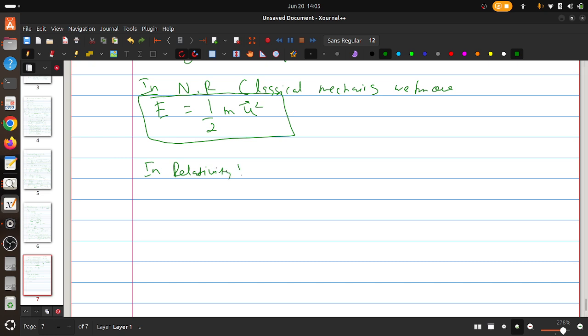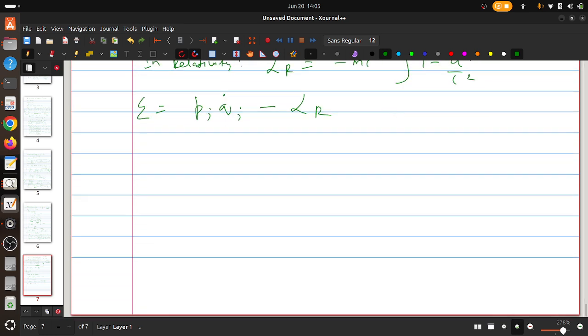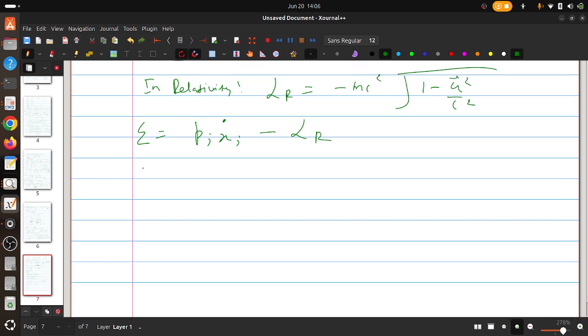So in relativity, because our Lagrangian is changed, naturally we expect our energy to be something different. So our relativistic Lagrangian was this one here, and our energy is given by basically Pj x dot j minus the relativistic Lagrangian. So we now know the Pj. Here I am very habitual of using the q dot because that is how I learned in classical mechanics, but now I'm using xj, so let us stick with that.